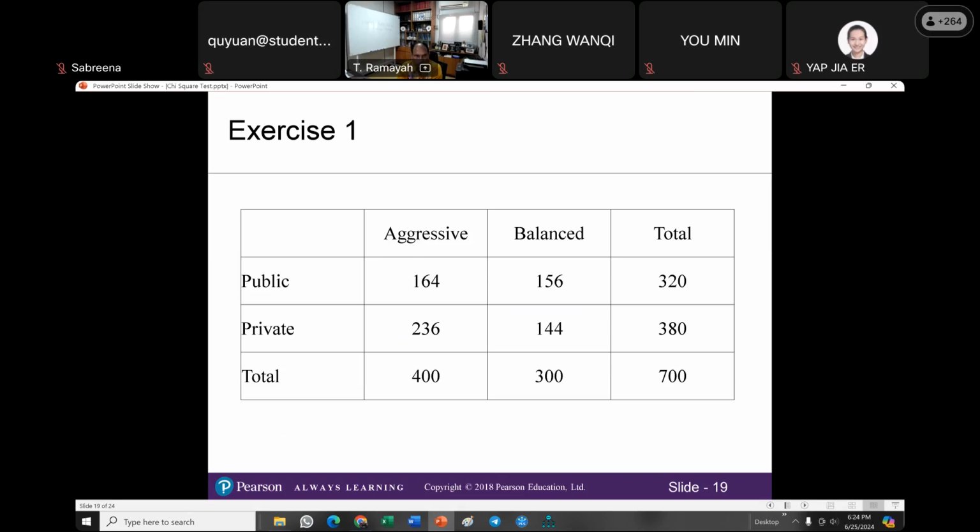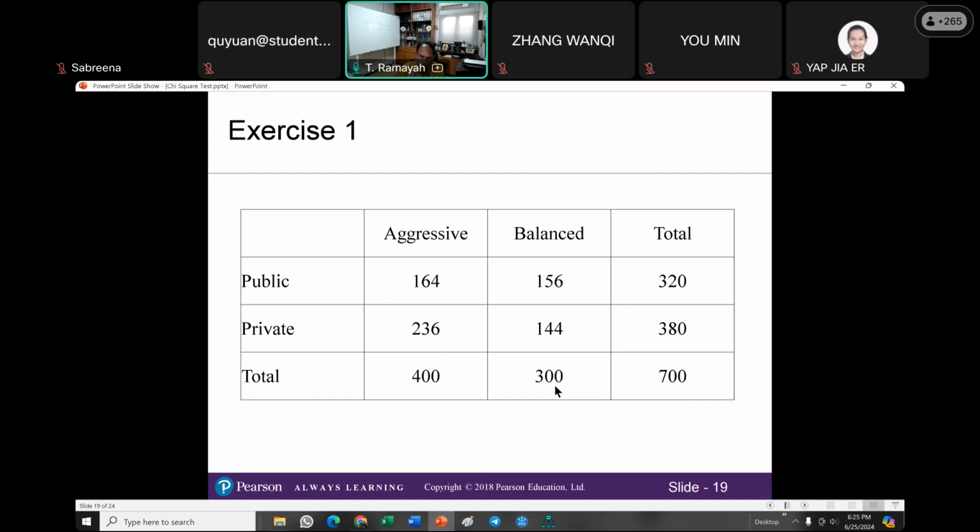After you have done this table, then only we can calculate the expected frequency for these 4 values, right? So now this observed frequency is 164. The expected frequency will be 400 times 320 divided by 700 for this cell. 300 times 320 divided by 700 for this cell. 400 times 380 divided by 700 for this cell.